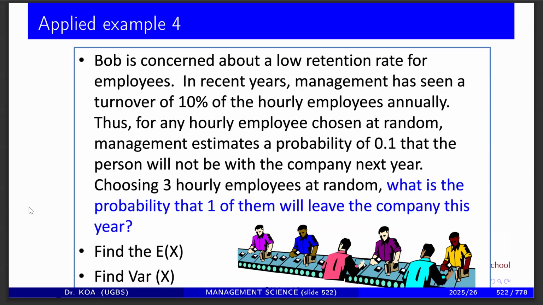It says management estimates a probability of 0.1, 10%, that the person will not be with the company. So there are 2 outcomes. What are the outcomes? Either they are with the company or they are not with the company. So what is Poisson about that?